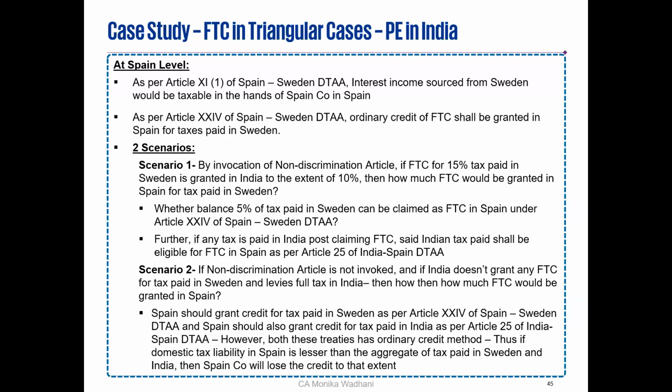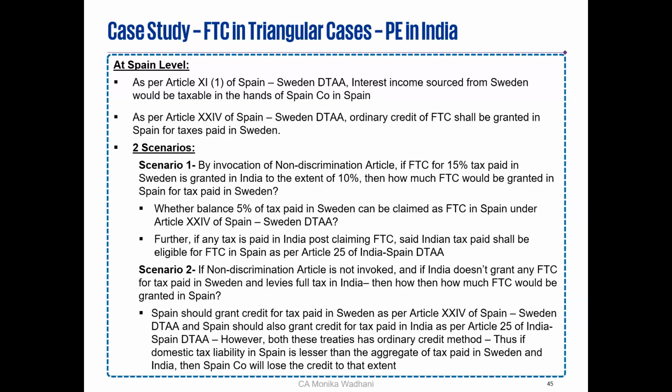So first of all, by a plain vanilla reading of the Spain-Sweden treaty, which talks about the ordinary credit of FTC, suppose the domestic tax rate in Spain is higher than 15%, then it is eligible for the entire 15% tax which Sweden has deducted at source as per the Spain-Sweden treaty. This is a plain vanilla case if there was no triangular case.